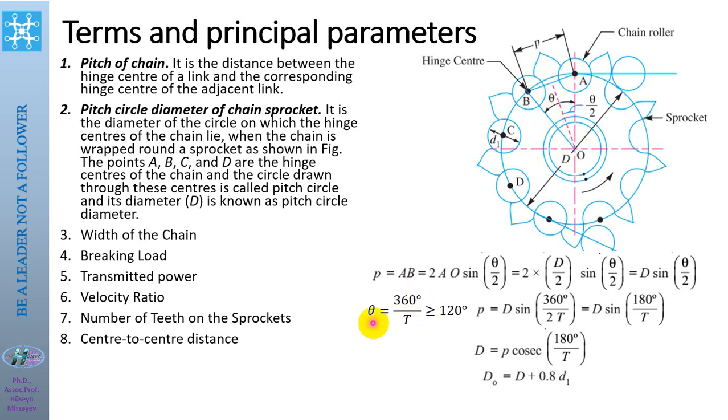We know that this angle is equal to 360 degrees divided by the number of teeth. T in this formula is the number of teeth on the sprocket. The pitch circle diameters may be calculated from this figure using these equations. The outside diameter is denoted as D0.